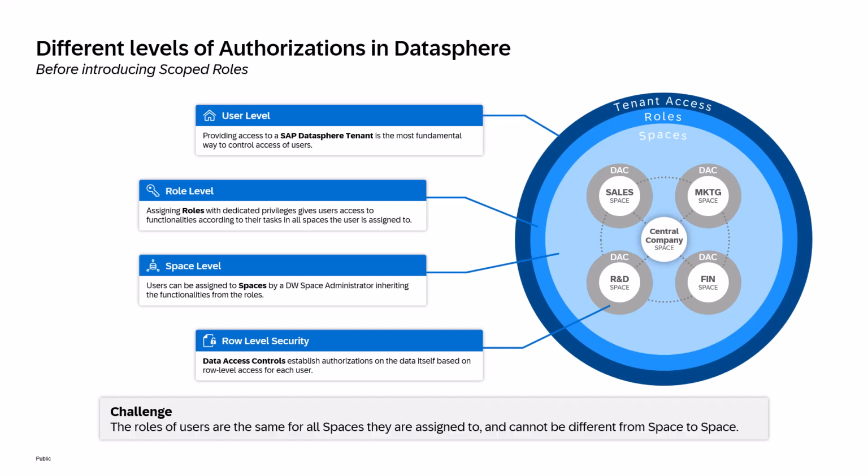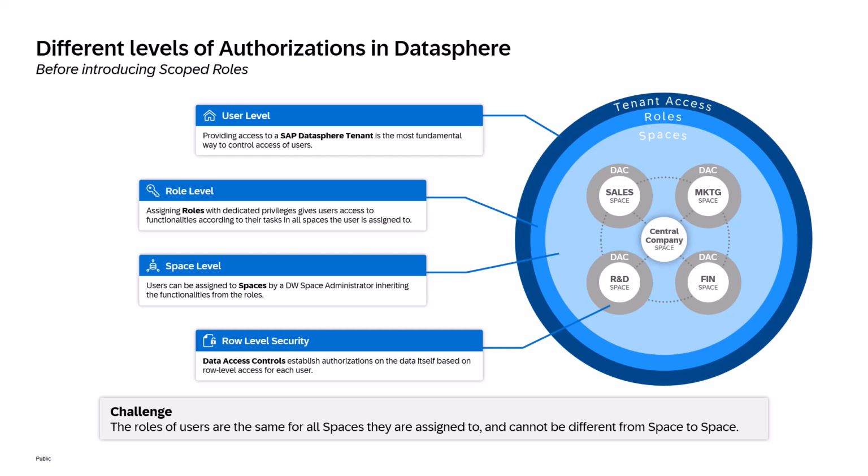There was one problem which we now address with scoped roles. The challenge is that a user might need different roles in different spaces, meaning he should be a modeler in one space and only a viewer in another space, and maybe a space administrator in a third space.